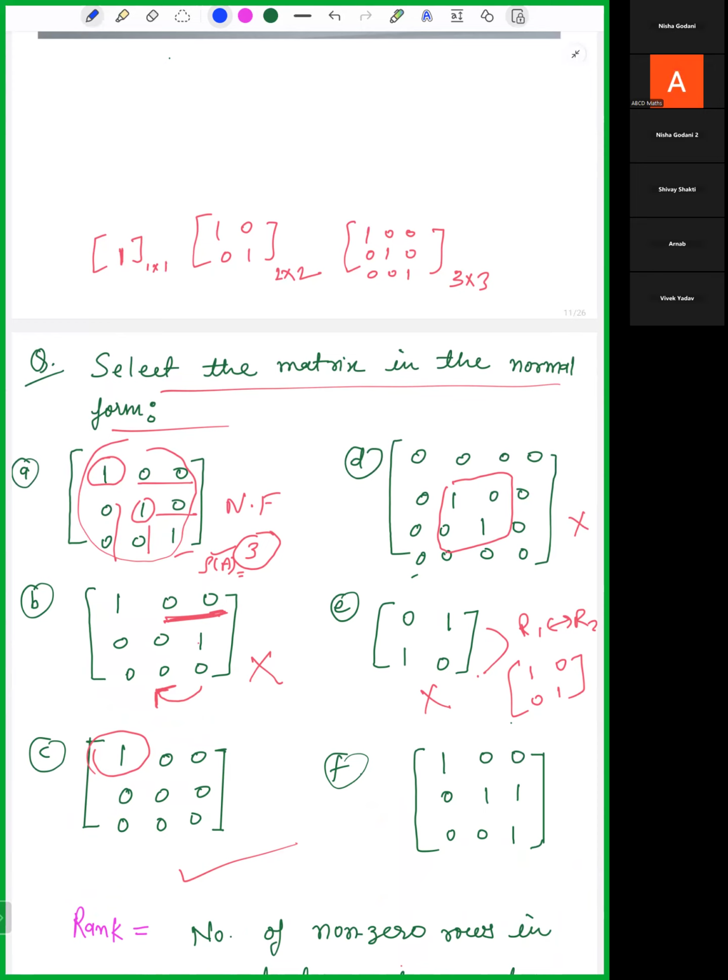Is this matrix in normal form? Yes. Suppose this one in the second row, last one, is equal to 0. If it is 0, now it will be in normal form because it has an identity matrix of order 3. But at present, it is 1, so that is why it is not in normal form.